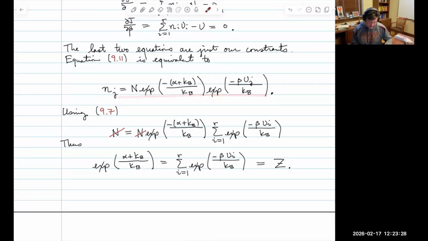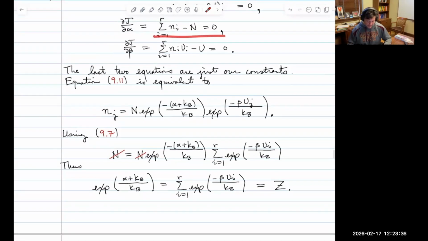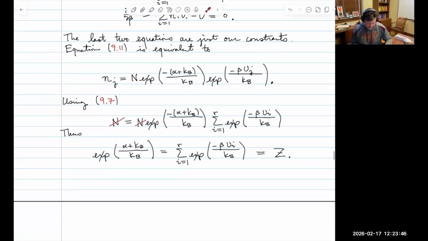But this has two Lagrange multipliers in there. I can get rid of exactly one Lagrange multiplier by using this constraint right here. Okay, so I know that if I sum nj from j equals 1 up to r, I have to get exactly n. So if I do that, I can then solve for the alpha parameter. It's going to still be in terms of beta, but at least I can get rid of the alpha in terms of beta.